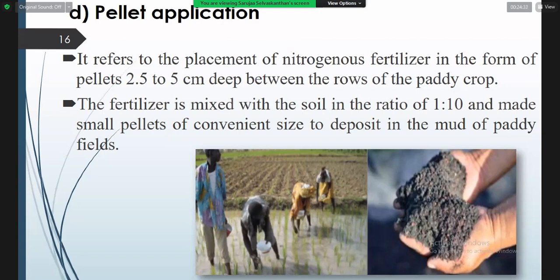You take 1 kilogram of fertilizer and mix it with 10 kilograms of soil, and make small pellets of convenient size to deposit in the mud of the paddy field. You can use this method also.